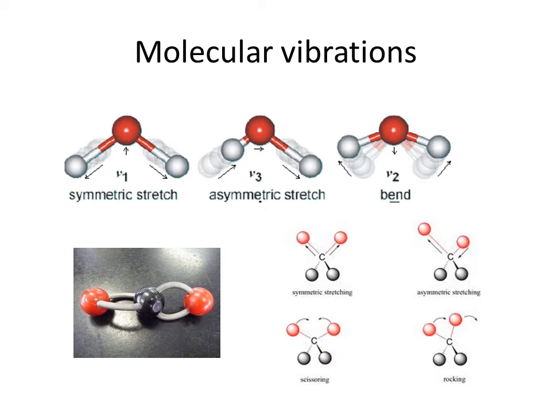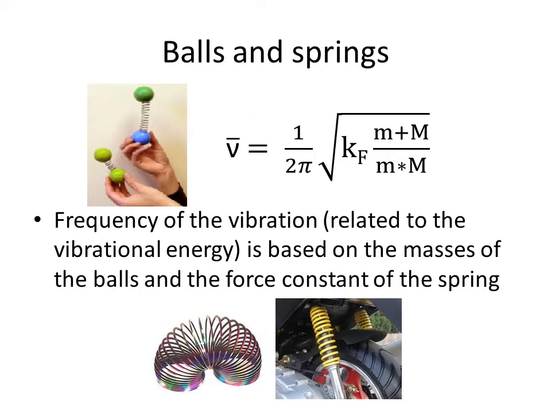They can be stretched out, they can be compressed, angles can be bent, and so molecules at room temperature, for instance, are vibrating in a variety of different ways. A simple diatomic molecule would be best thought of as two balls connected by a spring, as shown in this picture.